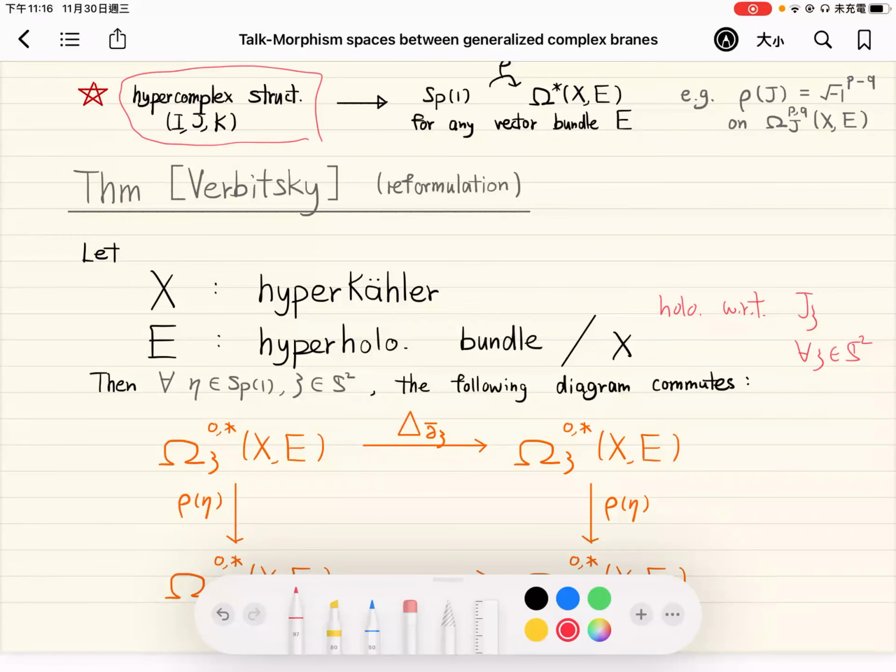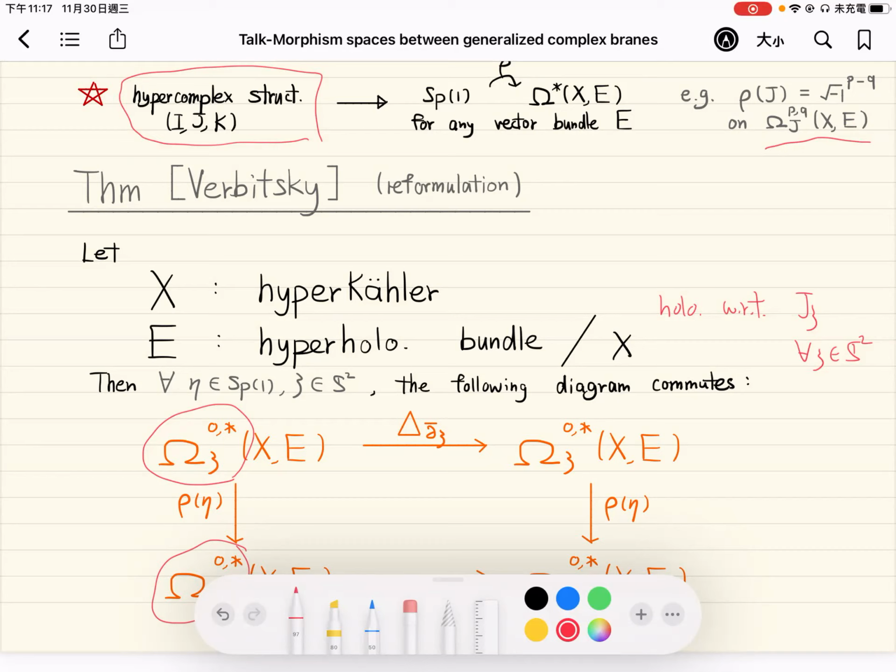So for example, if you pick the complex structure J, then you decompose the form to be the PQ form with respect to J, then the action of J acting on the PQ form is just the multiplication by i to the power P minus Q. This is a very natural SP1 action acting on the E-twisted forms on X. And it also sends the (0, star) form with respect to a certain complex structure theta to the (0, star) form for eta dot theta, and it intertwines the Dolbeault-Laplacian operators.